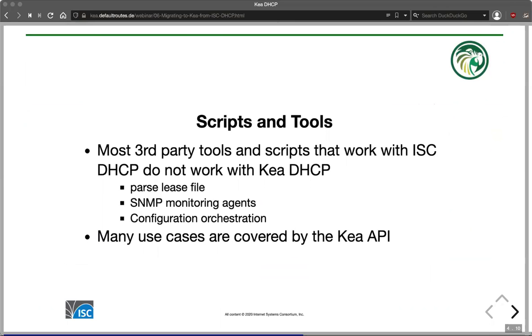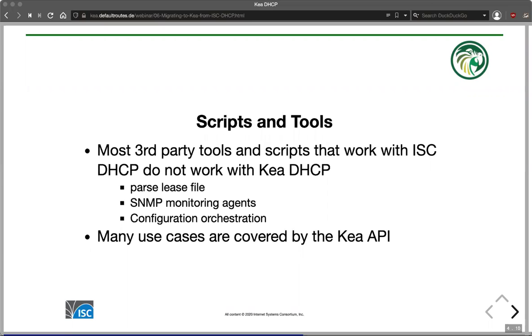Also, a difference is, of course, the scripts and tools. There are quite a number of third-party tools and scripts written for ISC DHCP, for example, to work with the lease database file of ISC DHCP and parse the lease file. There are SNMP monitoring agents, and there are configuration orchestration systems like Ansible and SaltStack that can write ISC DHCP configuration files.